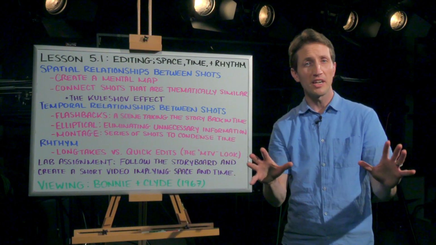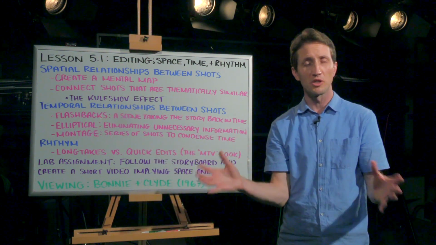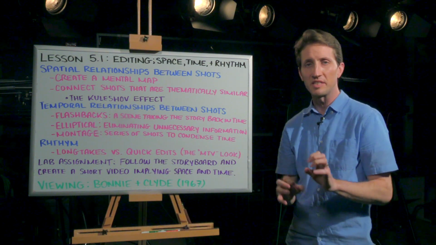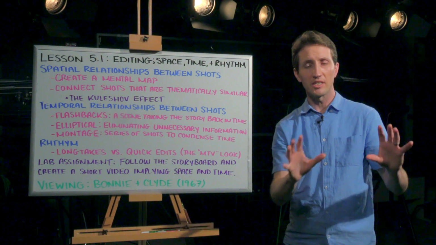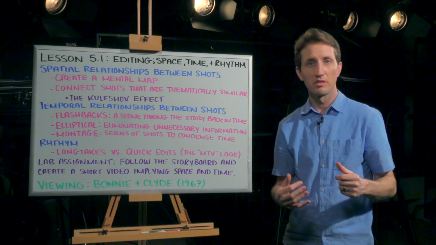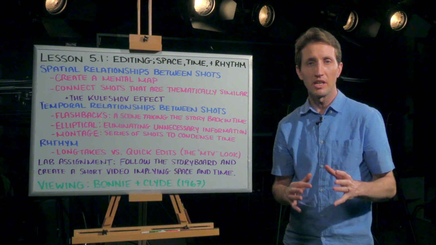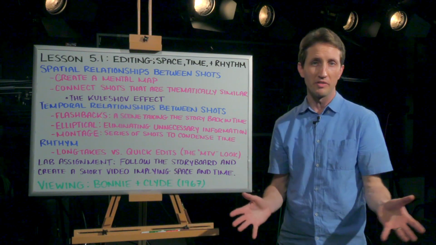And this linking of shots leads us to the Kuleshov Effect. Now, Lev Kuleshov was a Soviet film theorist back in the early days of cinema who discovered that if you take these shots and put them next to each other, they will evoke meaning and emotion in the audience. And he did a very famous experiment called the Kuleshov experiment, where he would take a close-up of a man and then immediately follow that shot with a bowl of soup.